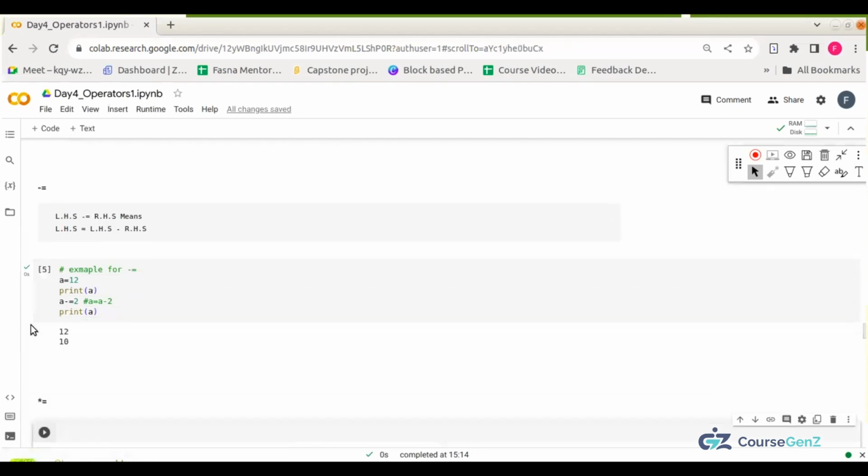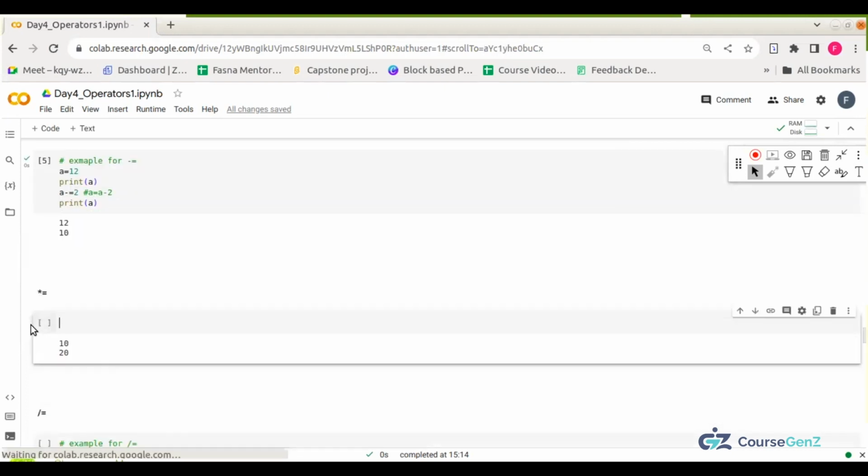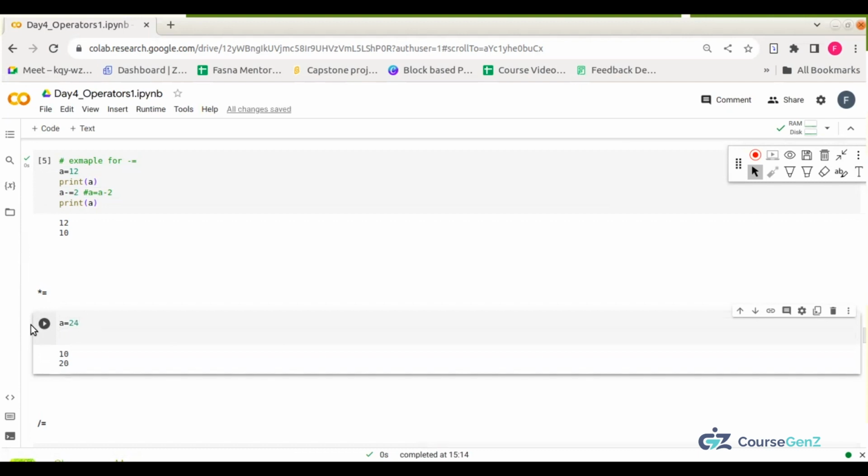Okay, so let's try star equal to, that's multiplication equal to. Let's try doing it. So a is equal to, say, 24. Then what do we have to do first? Very good, we have to print a.